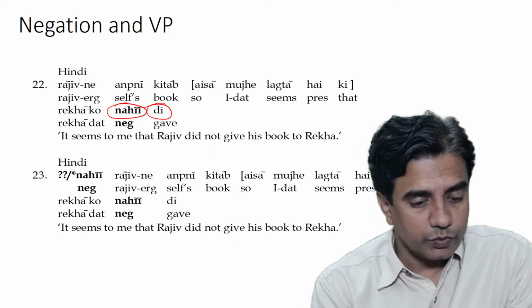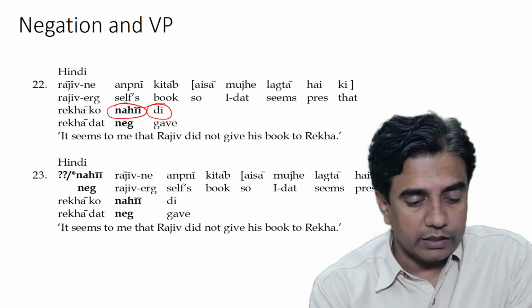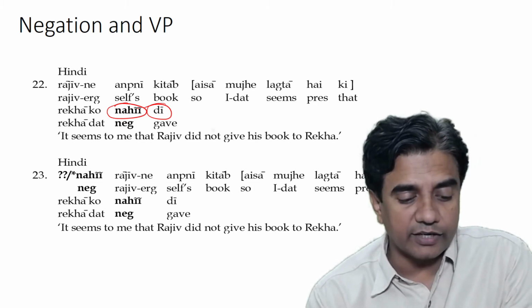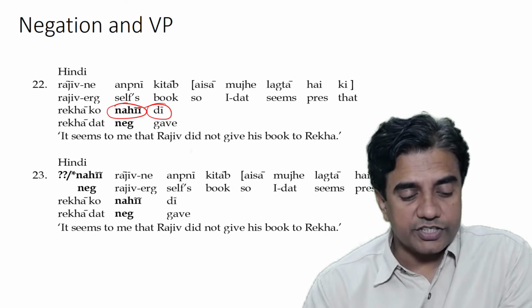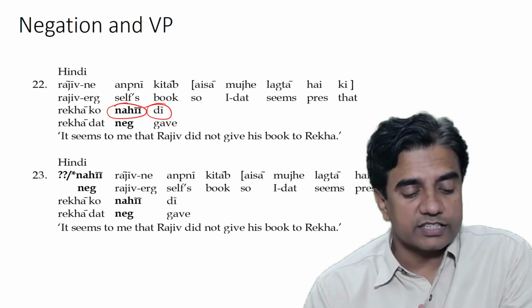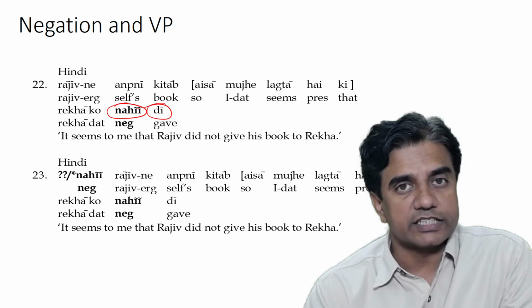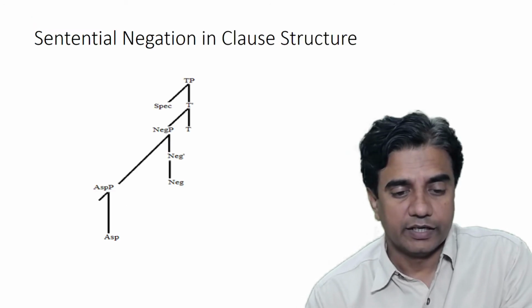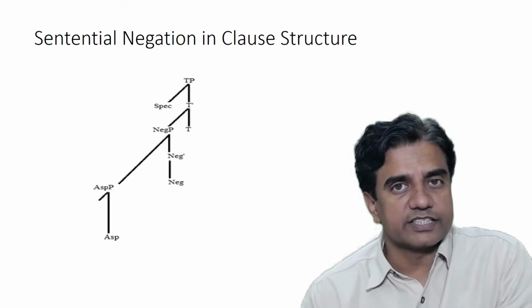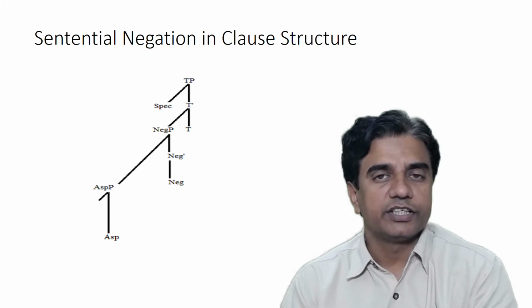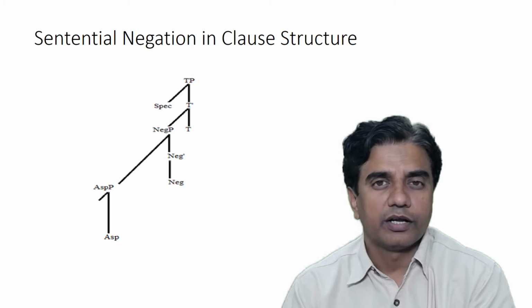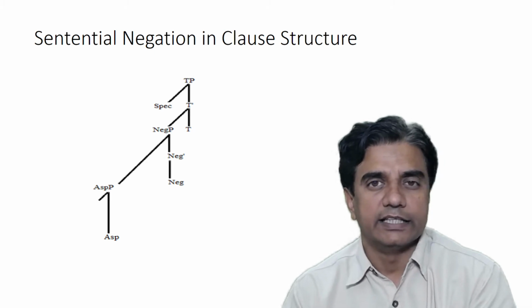So, राजीव ने अपनी किताब, ऐसा मुझे लगता है कि, रेखा को नहीं दी. If the negation occurs at the initial position of the sentence in 23, then this sentence is ungrammatical. What this helps us understand is that negation is really part of the VP and cannot occur anywhere else in the sentence.